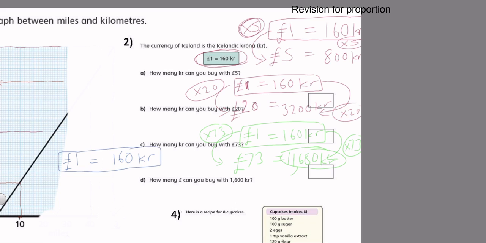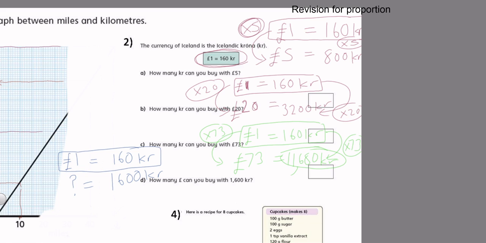So one day could be 160 kronas, another day could be 161, 162 and so on. It varies. Now on this side, remember, I want pounds this time. Over here I've got 1,600 kronas. So I want to change from kronas back into pounds.